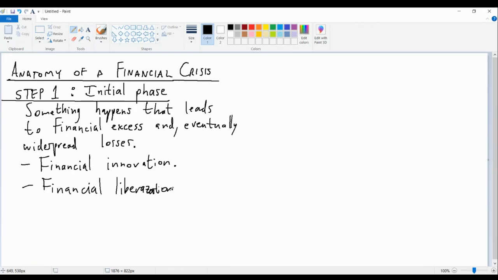So, for example, what if the government decided to relax capital requirements, or lower the required reserve ratio? That would lead to a boom in lending, right?